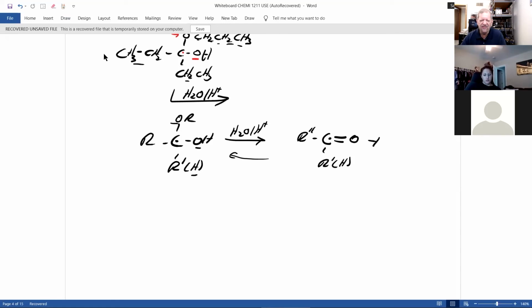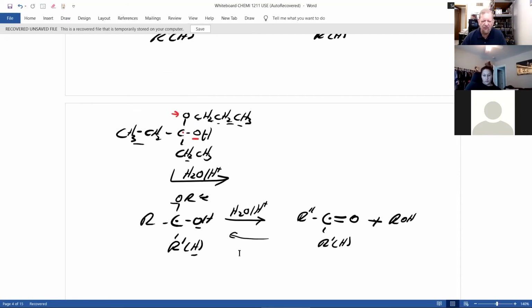And then this part right here becomes an alcohol. So now that we've identified that, what's attached to this carbon, which becomes this carbon right here, R prime ethyl, R double prime ethyl.